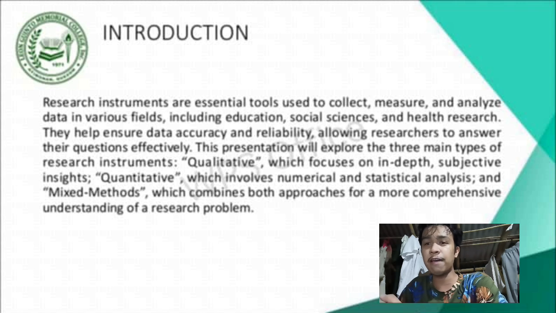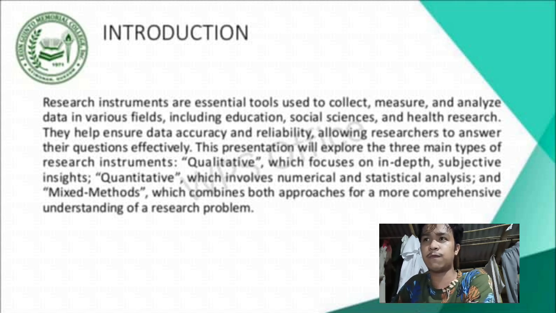Without them, it would be hard to know if our answers are correct or useful. So there are three main types of research instruments that we use. First is the qualitative instruments. Qualitative instruments help us to understand people's feelings, thoughts, and experiences.